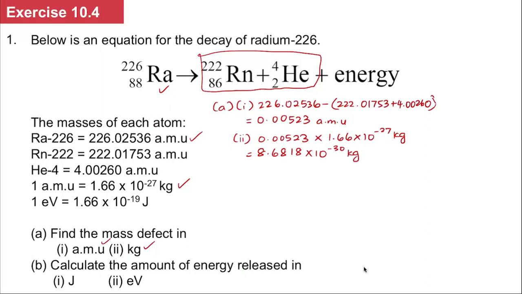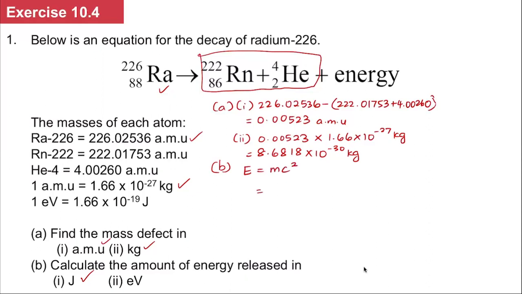Okay, everyone got that, right? Okay, next one is calculating the amount of energy released in joule. So you use this one, E equals to mc square.